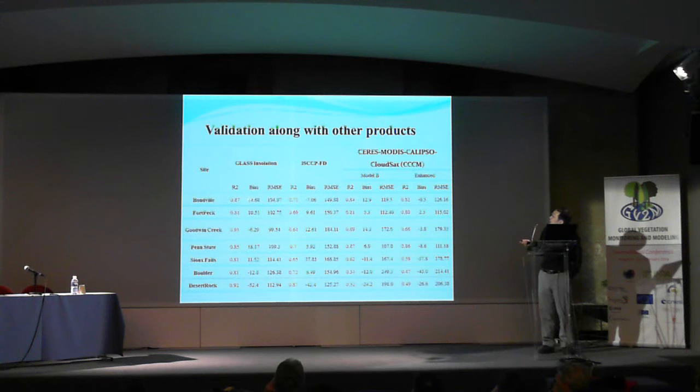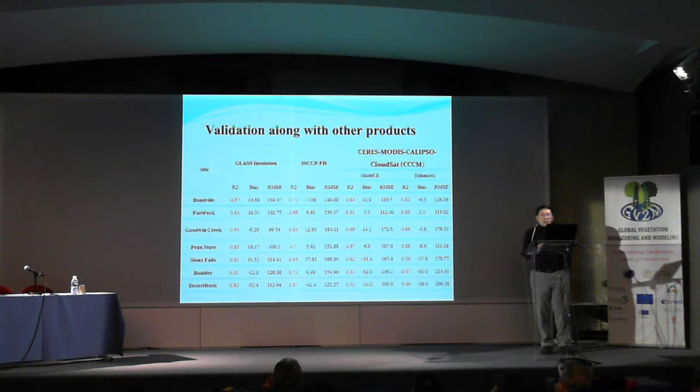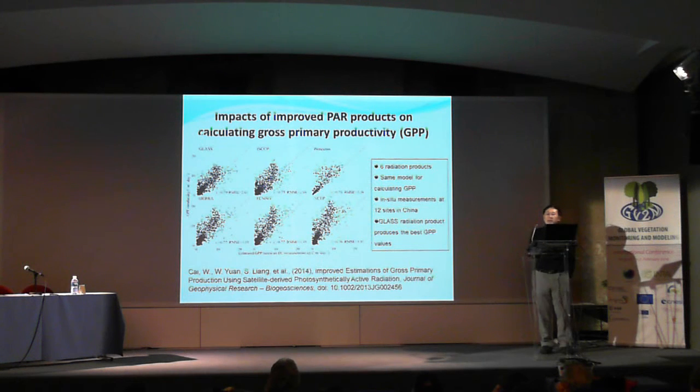And here, we even aggregated to the same resolution as the ISCCP series. In the validation results, the statistics from the GLASS radiation product are much better than the other products. So even at the same spatial resolution, the accuracy is still better. And of course, we have much higher spatial resolution.